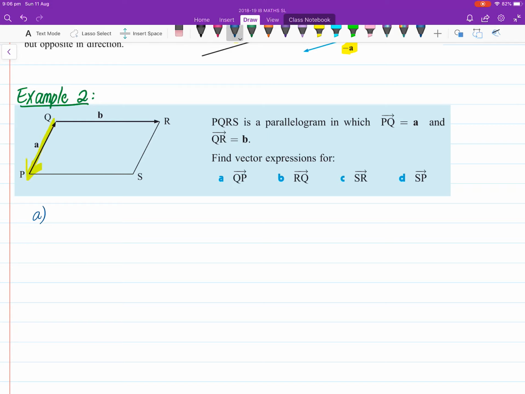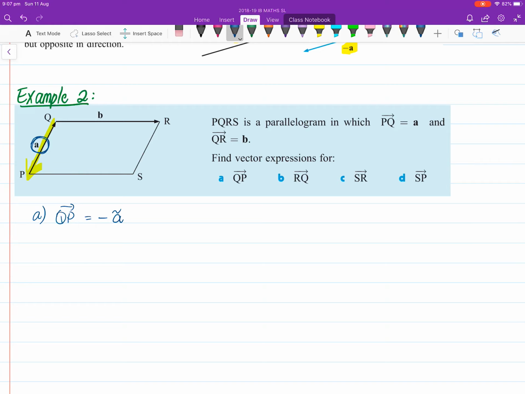From Q to P. So we could say that this is equal to negative little a, that's bold. I can't do it bolded though, so I'm going to have to do the little squiggly above it. But it's the negative direction of this one here, right?